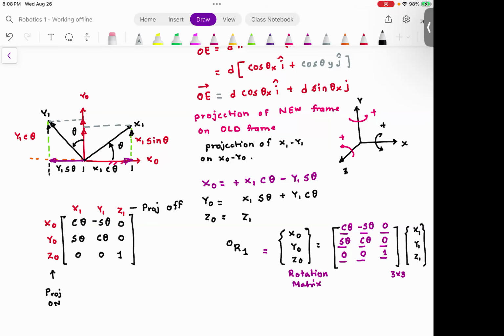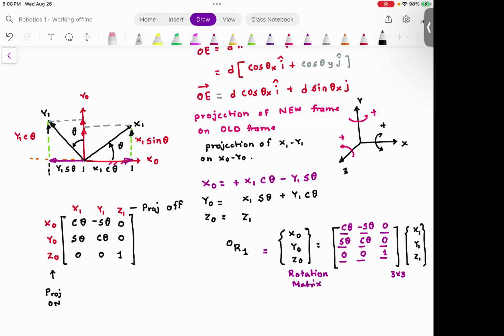And I will tell you the quiz problem that I'm going to ask you. I want you to do the same projections around Y and around X, which means I have derived the rotation matrix when the rotation is about Z. You agree with me?